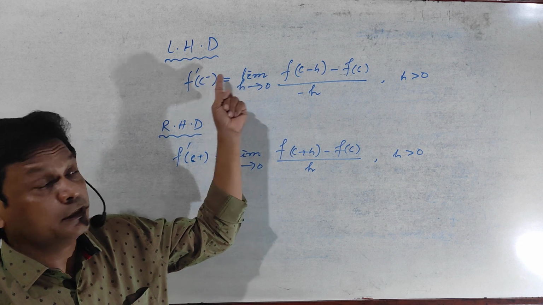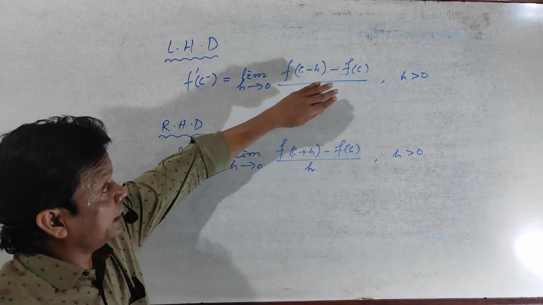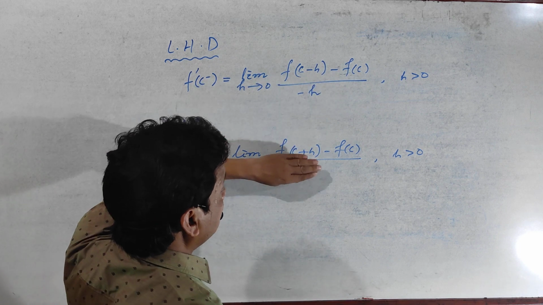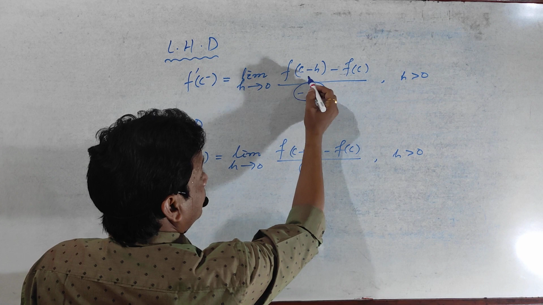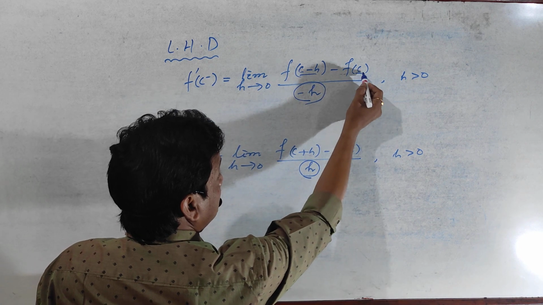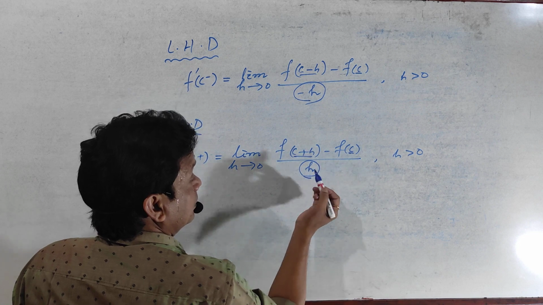C minus h I have written, so that is why I am taking f of c minus h minus f of c divided by c. How am I writing these two? This minus this, so it is equal to minus h. Here this minus this is h.